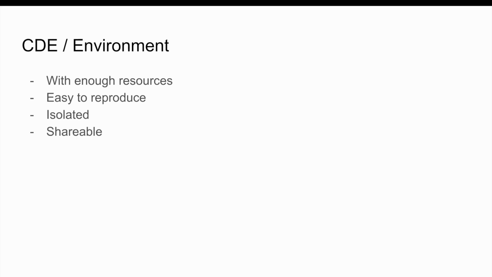So at some point we asked ourselves, how can we accelerate our developers? What do we need? We knew we needed changes for our environment. We wanted something with enough resources, CPU or memory, something that was easy to reproduce, to be able to recreate the environment for ourselves or teammates, isolated, so one messed up environment doesn't affect your local environment, and shareable, to be able to collaborate.